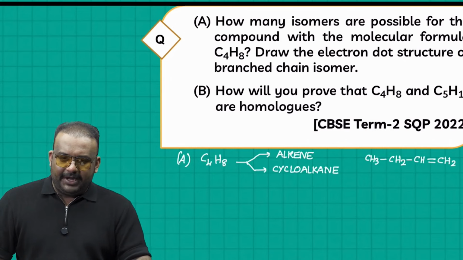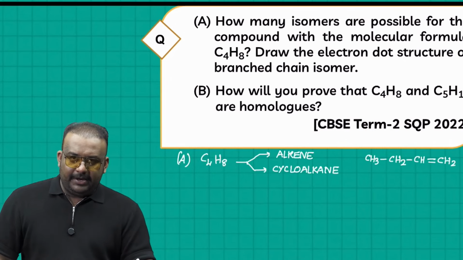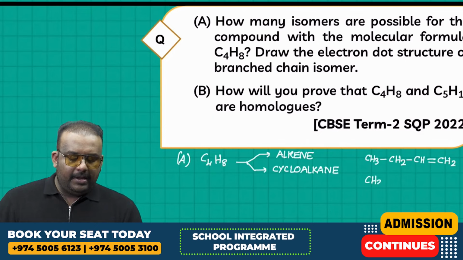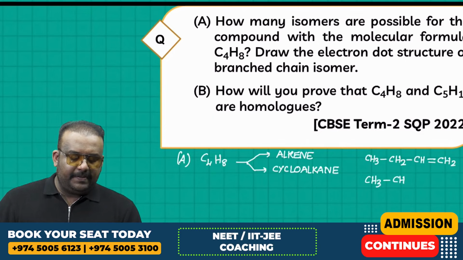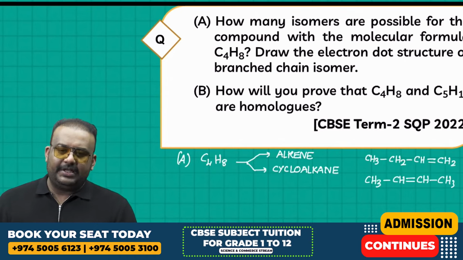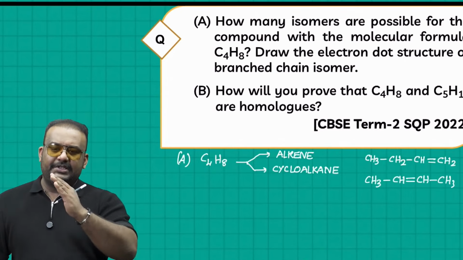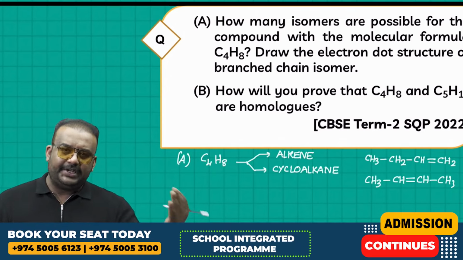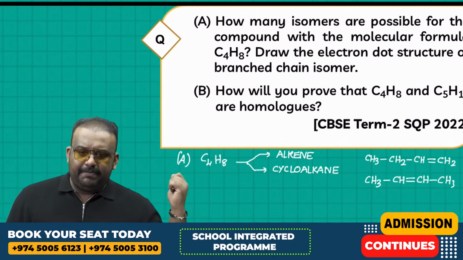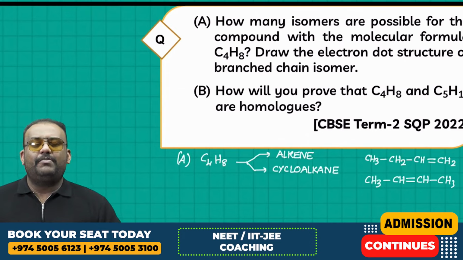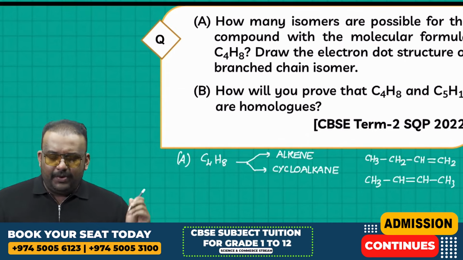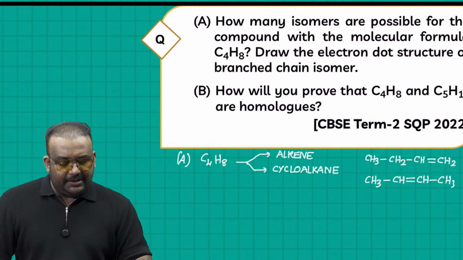This is one possibility. This is butene, or we can call it but-1-ene. Then I can draw another structure where the double bond's position is different. This can also be an isomer because the position of the double bond will change the compound. The first compound is but-1-ene and the second compound is but-2-ene. You can see that but-1-ene and but-2-ene both are isomers.